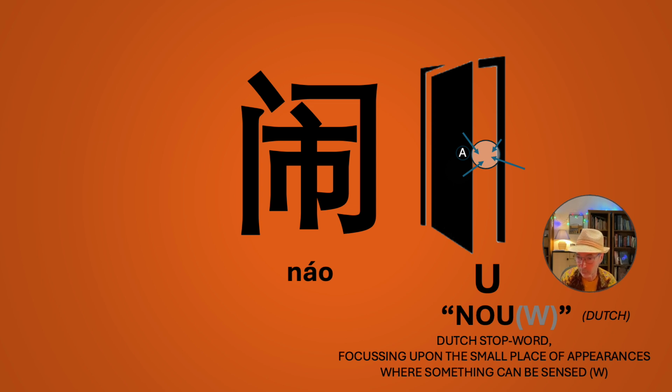Now, by the way, is also used in Dutch in a word which probably is not even in a book, because it's just an oral word which is in Holland. They use it a lot of the time, the nou, and it's a kind of stop word also, which is very well expressed by this image, which is a focus on whatever is appearing there, which is coming through, and that I can recognize, and what I can sense there.